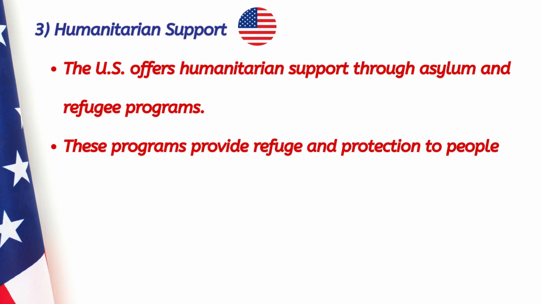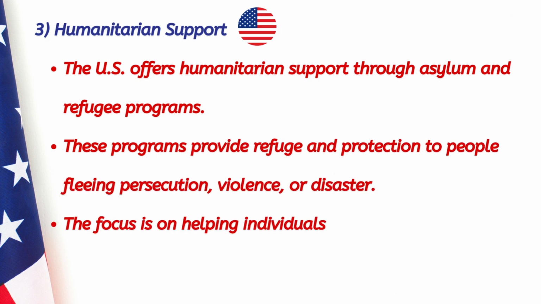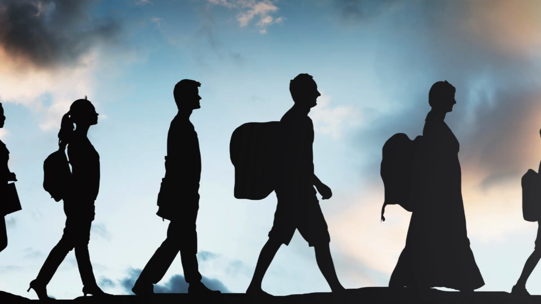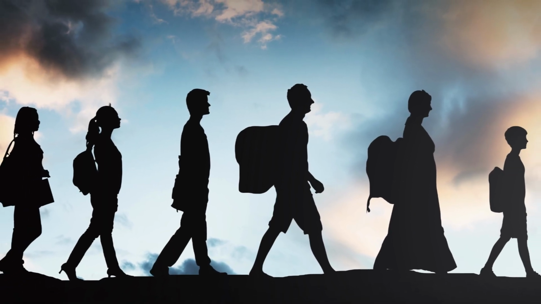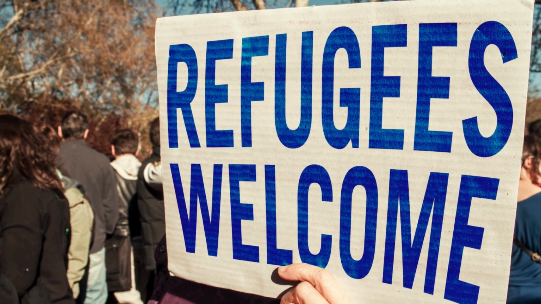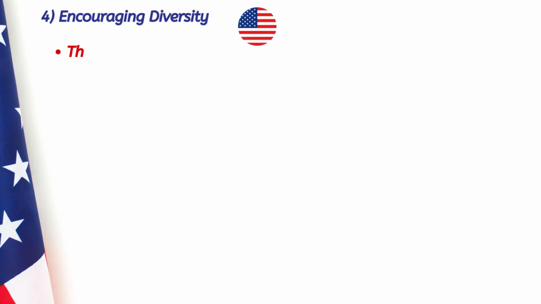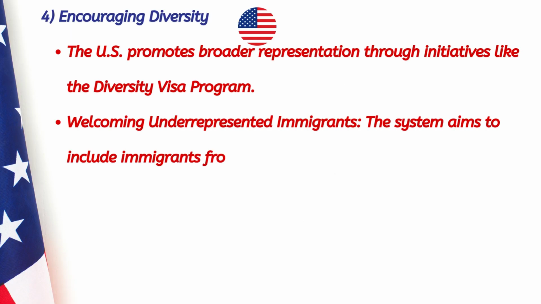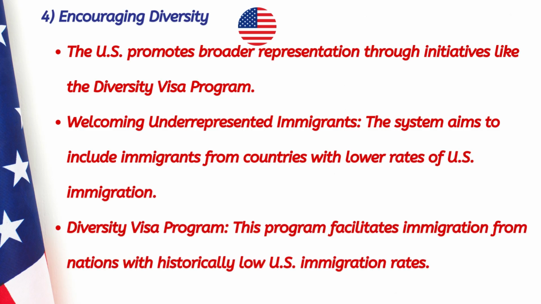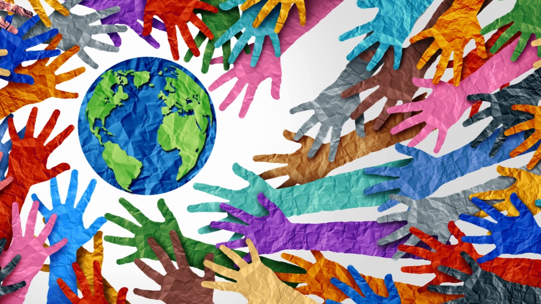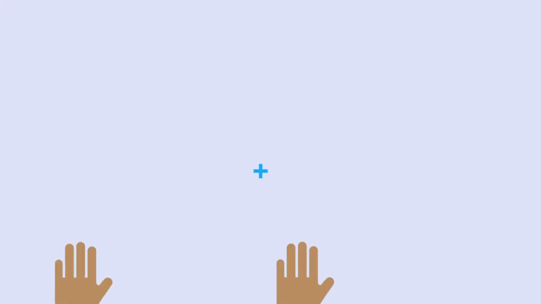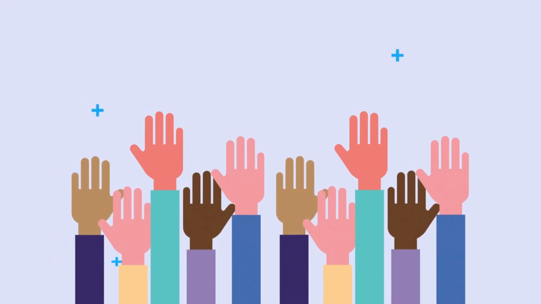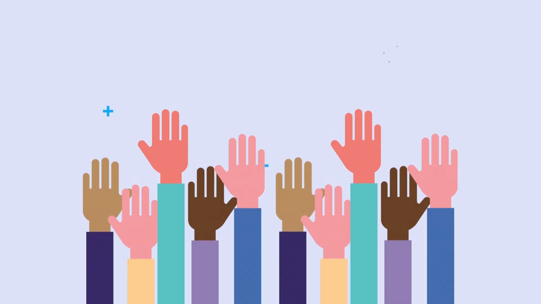The US provides refuge and protection to people fleeing persecution, violence, or disaster through asylum and refugee programs. And number four, encouraging diversity. Through initiatives like the Diversity Visa Program, the system aims to ensure broader representation by welcoming immigrants from countries with lower rates of US immigration.